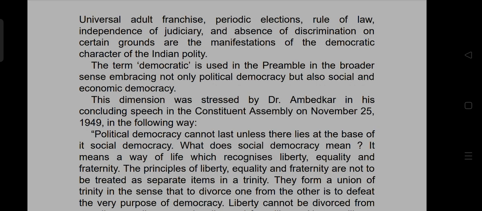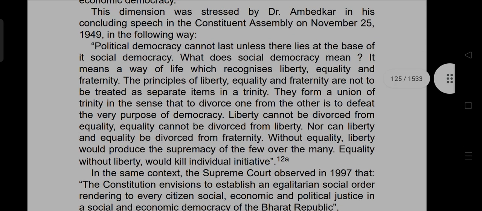The term democratic is used in the preamble in a broader sense, embracing not only political democracy but also social and economic democracy. This dimension was stressed by Dr. Ambedkar in his concluding speech in the Constituent Assembly on November 25, 1949, in the following way.